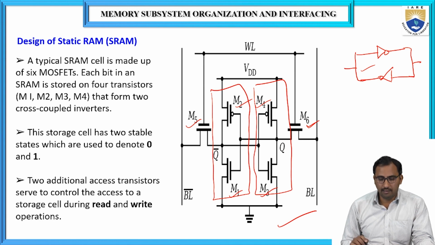Whenever the WL line is equal to 1, the M5 and M6 MOSFETs will be turned on. Then we can read or write the data present in the memory cell. If WL, the word line, is equal to 0, then the pass transistors M5 and M6 will both be in the off state, so we cannot read or write data from the memory cell.